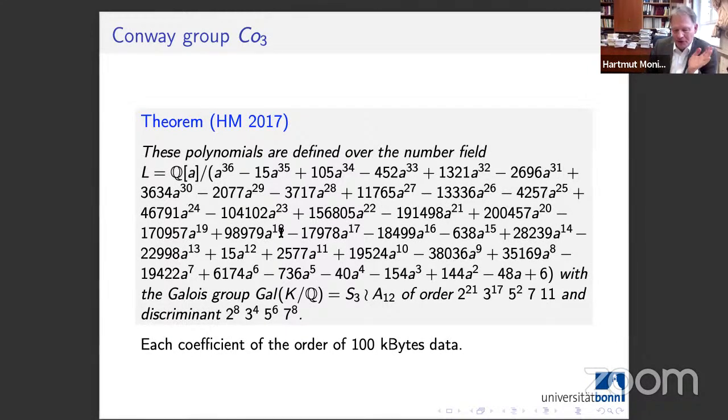So the polynomials P3, P2, and PC are defined over that field. When you look at the field, you see that the Galois group of that particular field, and I should have written the letter L here, is S3 wreath A12.